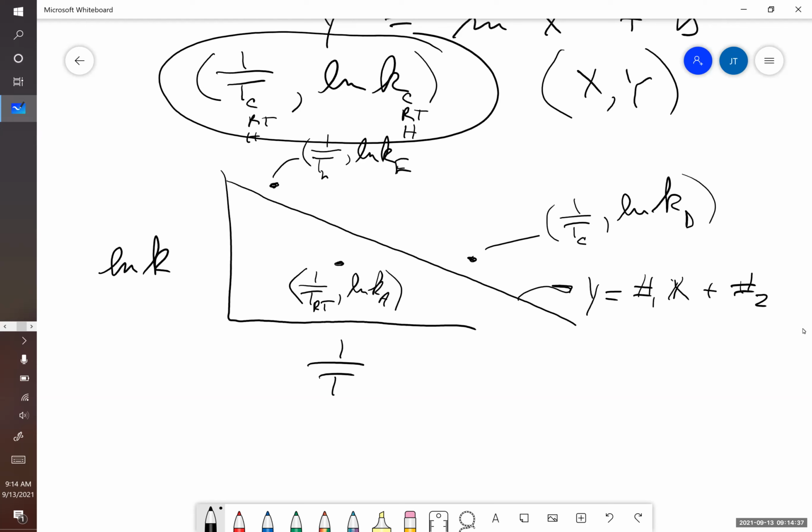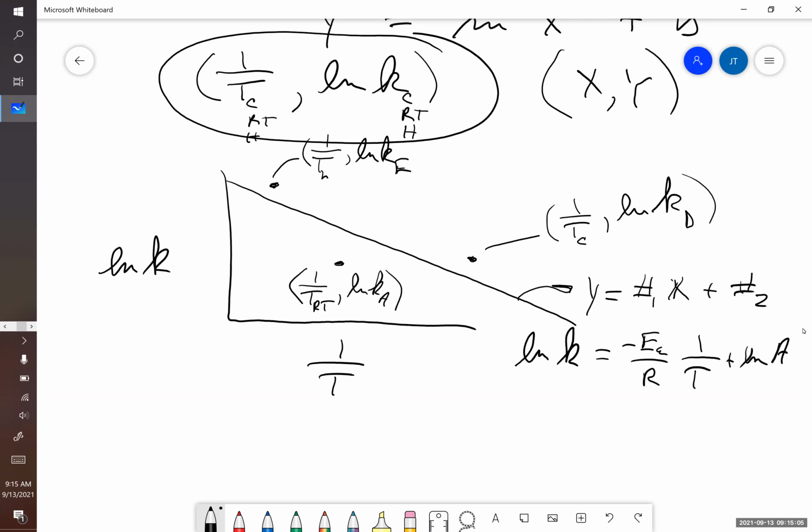And so through association with the Arrhenius equation, you'll be able to calculate the activation barrier and the pre-exponential factor A. So let's rewrite that. ln K equals minus EA over R times 1 over T plus ln A.